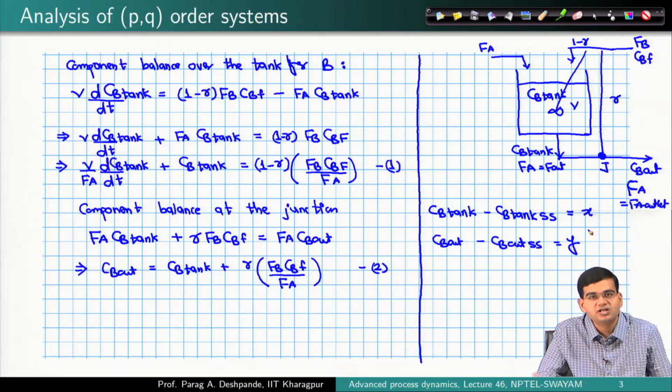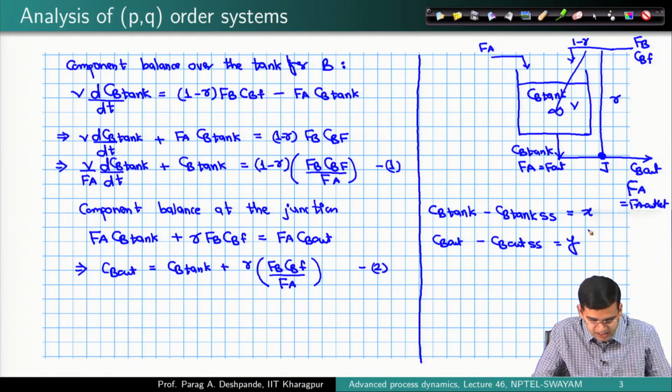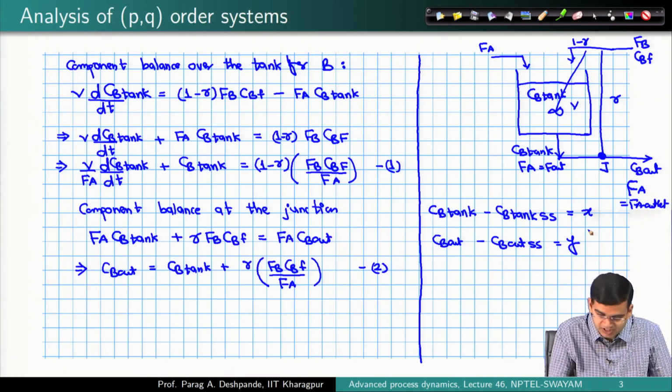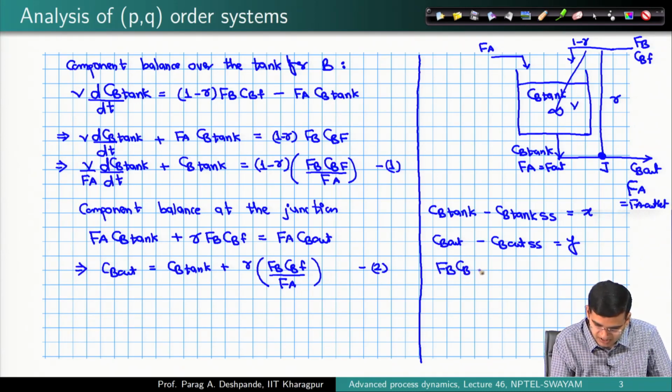So, in this particular case, it is not difficult to find out that y is your output variable, and then on the right hand side of equations 1 and 2, I see F_B, C_B,feed, F_A. All of these would act as the input functions. So, let me call F_B C_B,feed upon F_A minus the same quantity at steady state, F_B C_B,feed upon F_A steady state, equal to u.